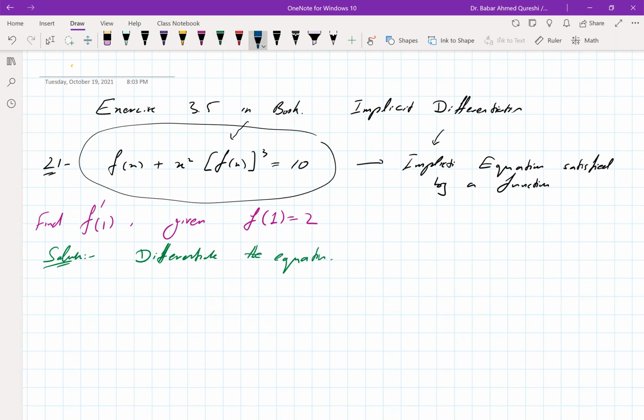You get f derivative of x plus, now the product rule, the derivative of this term and the second term as it is, and then this as it is, and the derivative of the second, which by chain rule, you just take the derivative of this guy, bring down a power, and then derivative of what is inside. And on the right hand side, you have a 0.